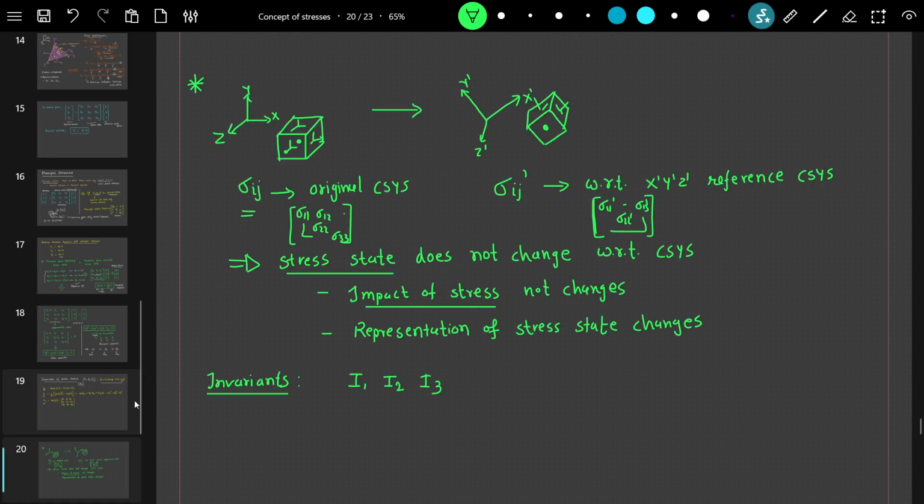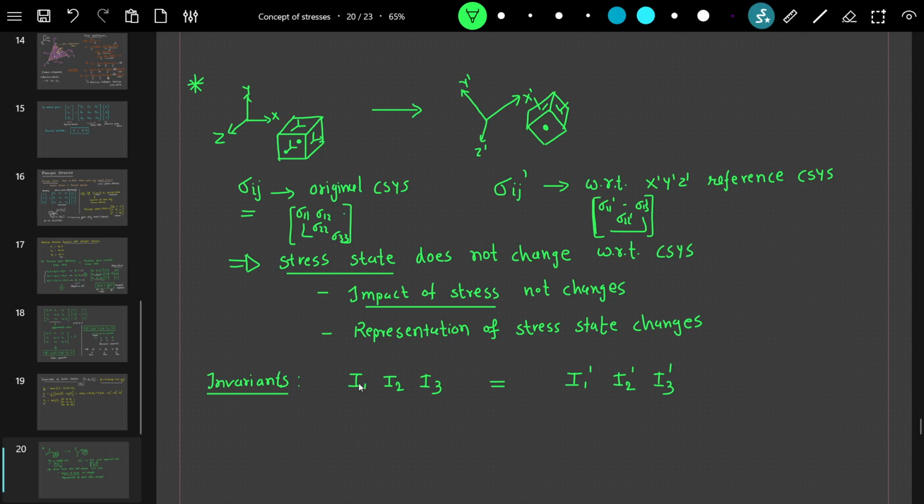From this we can find I1, I2, I3, and from the other we can find I1, I2, I3 dash. So this is what it means: these two are equal.